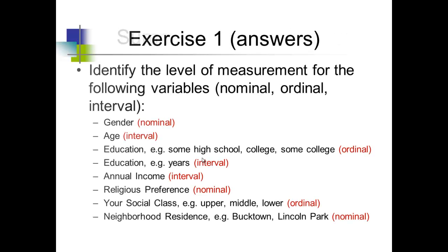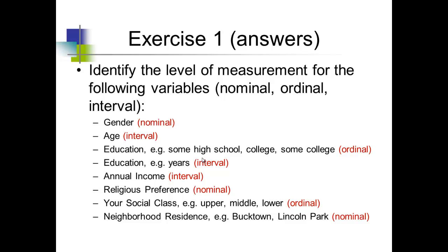All right, so moving on to the next part. Actually, I guess I should go back to this and talk about the answers. Keeping in mind that any variable that has, that the main quality that you get from it is just the name, like gender, or neighborhood residence, like, as in Bucktown, Lincoln Park, etc. Those are going to be nominal variables, all right?